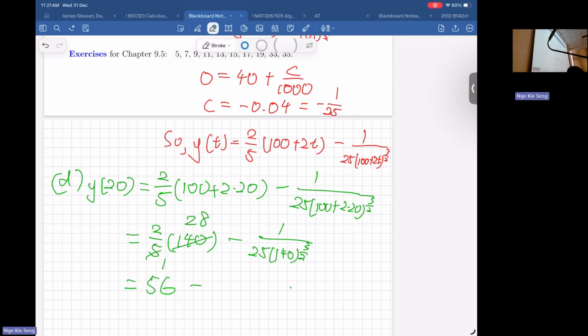Can someone try and click your calculator? What's this term?